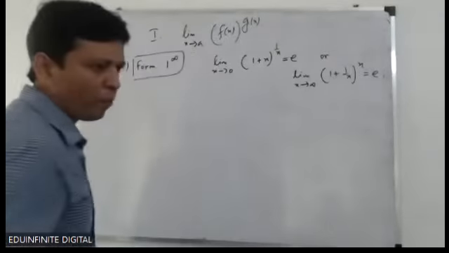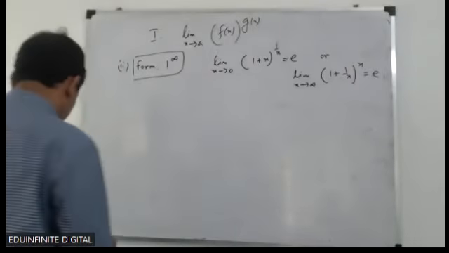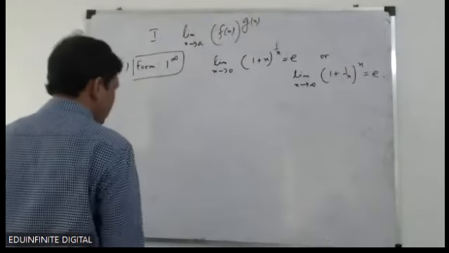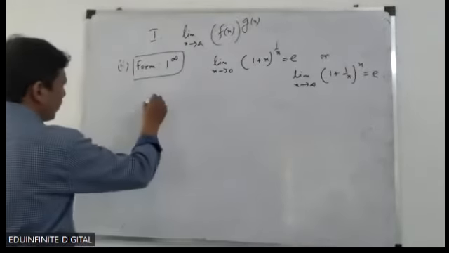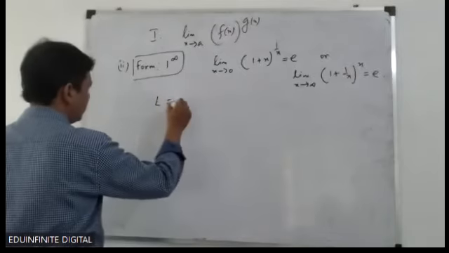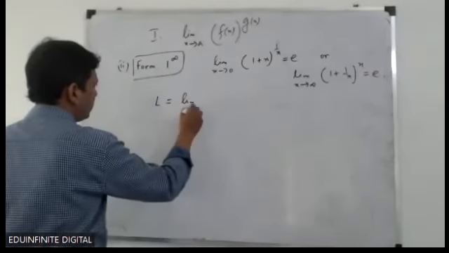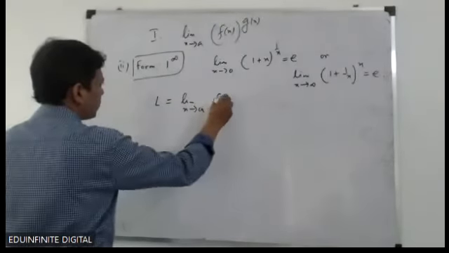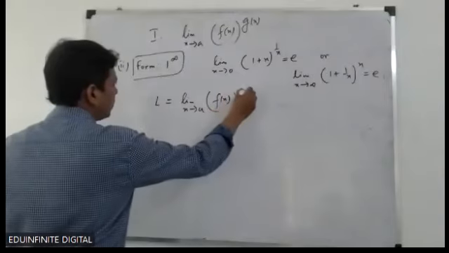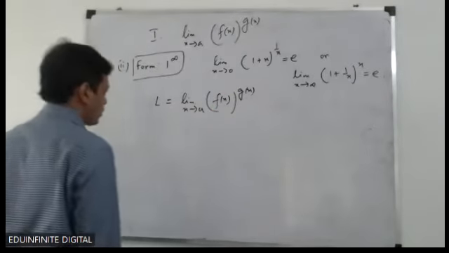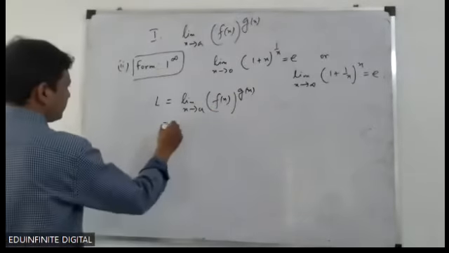If your form is 1 to the infinity, how will you adjust then? Suppose this is your problem.